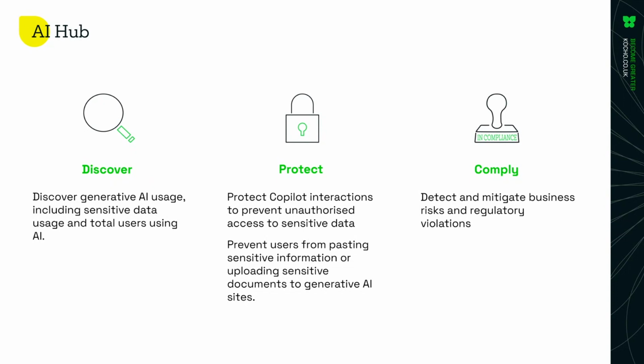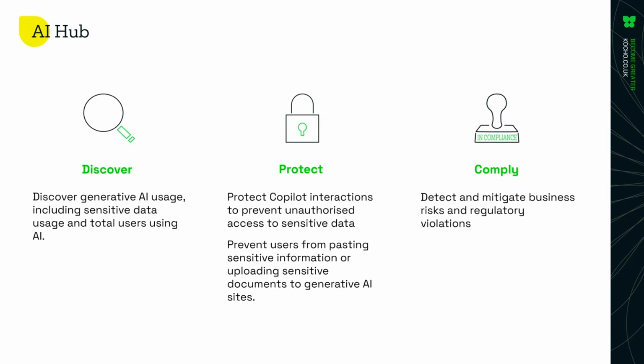It can help you discover what sensitive data people are using, and how many users are using AI. The discovery tools and monitoring will pull that together so we can see who's using it and how much data they are capturing that may be deemed sensitive.